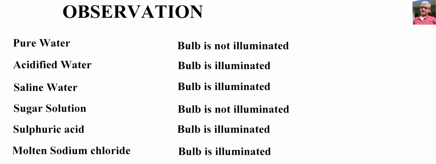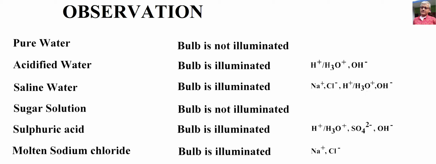We can draw an inference from the above results that the bulb is illuminated only when ions are formed from the liquid compounds. Thus, we get illumination of the bulb in case of ionic compounds either in molten state or in aqueous solution, or polar covalent compounds.